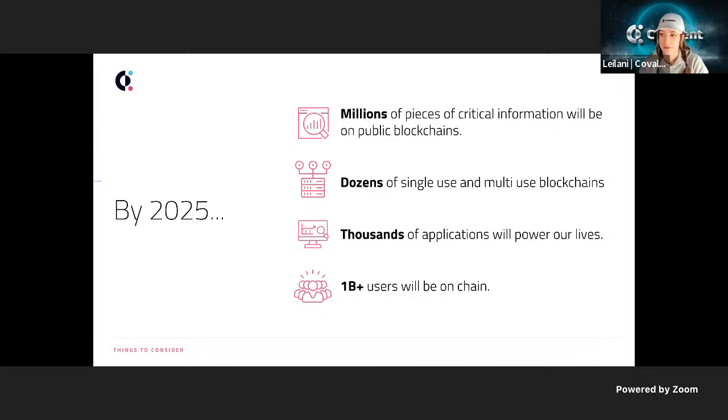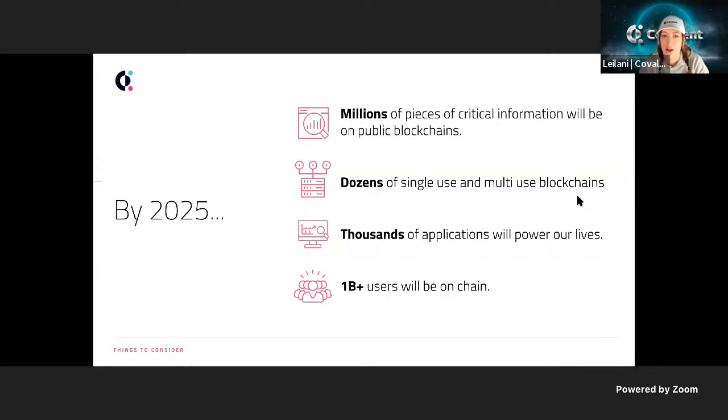And I'll go a little bit further into that once we get into the API, but we see millions of pieces of information on blockchains, not just related to finance too, although crypto is definitely the driving force of a lot of the traffic. And we see a lot of single use and multi-use blockchains, tons of different applications, things that we don't really necessarily know about yet.